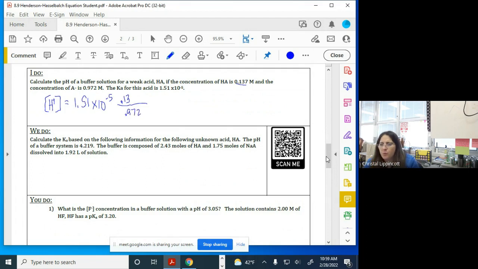So they want to know what the value would be for this. Did I forget my 7 here? Sorry. When I divide these, multiply it by this, and then take the negative log, I end up with 5.672 for my pH.